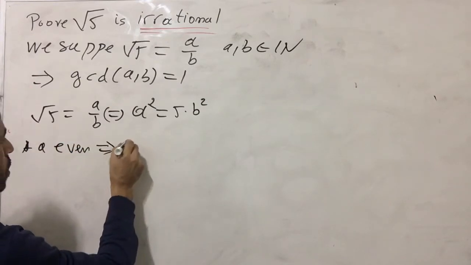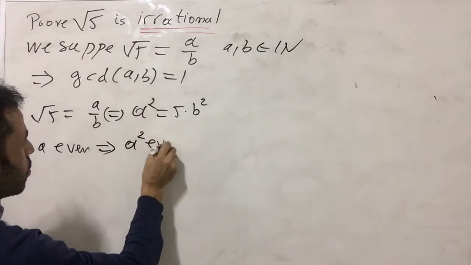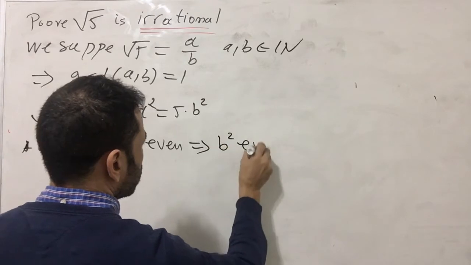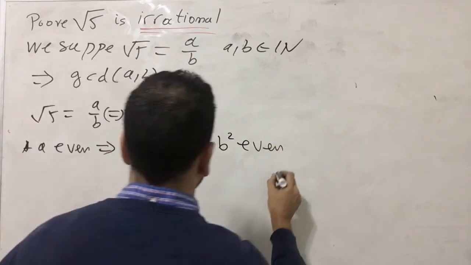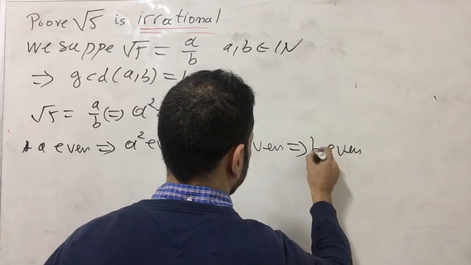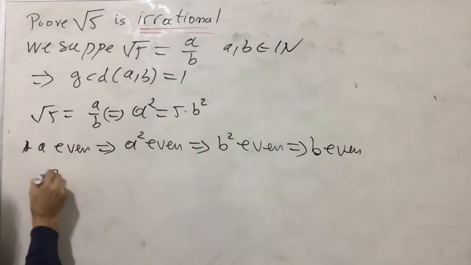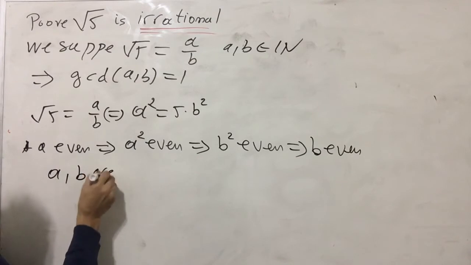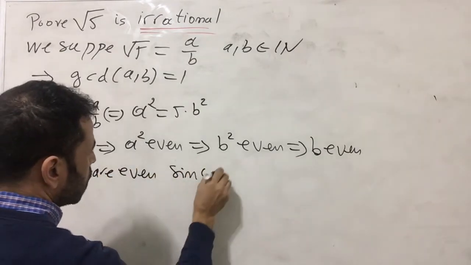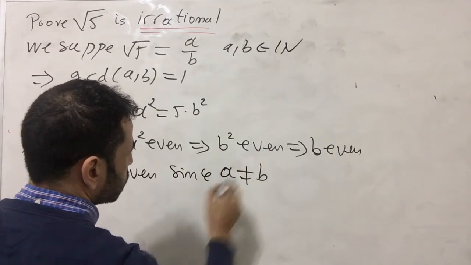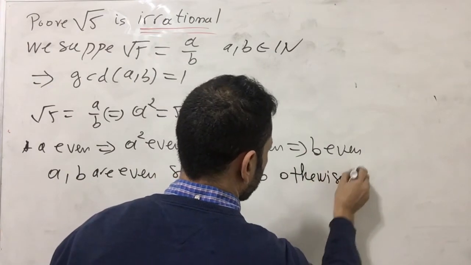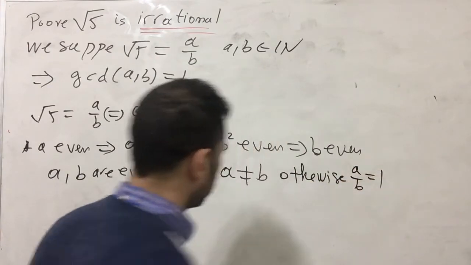This implies a square is an even number. This implies b square is an even number. That means b is an even number. So now a and b are both even, since a is different than b, otherwise a over b equals 1.